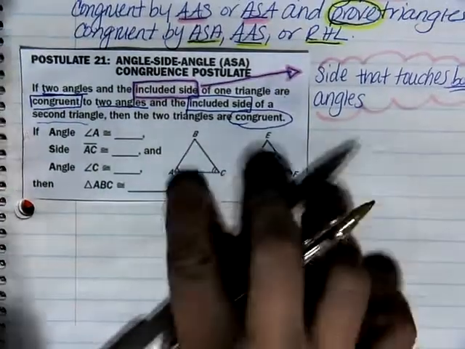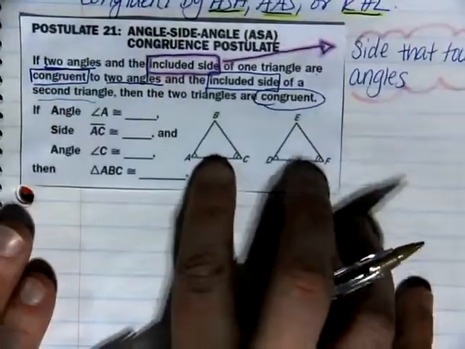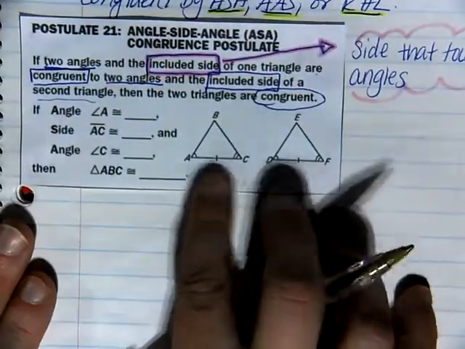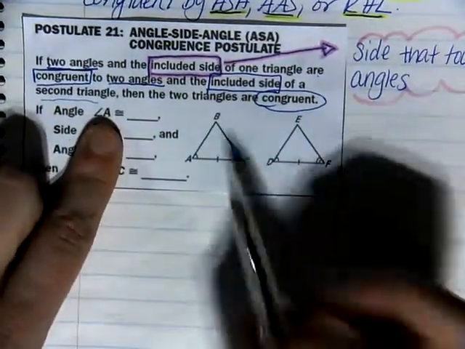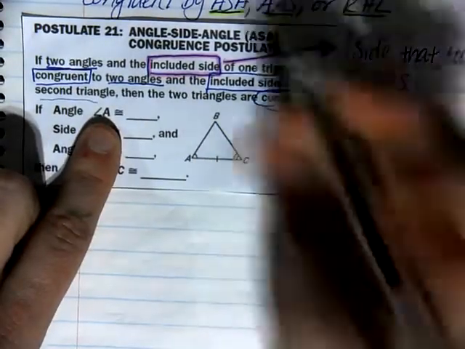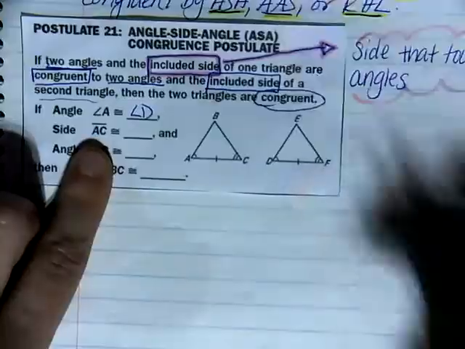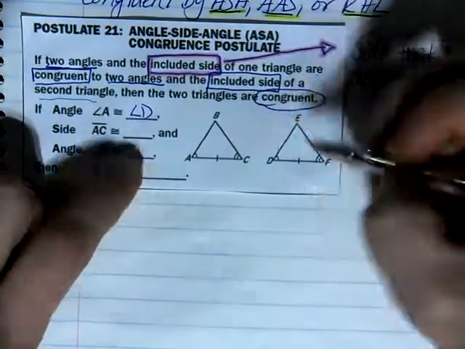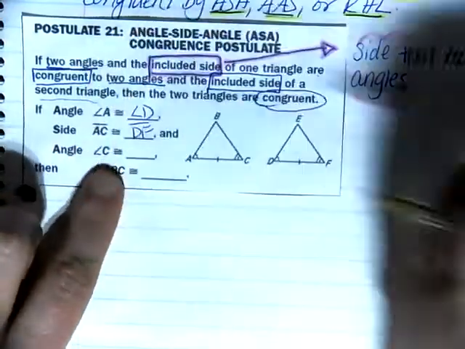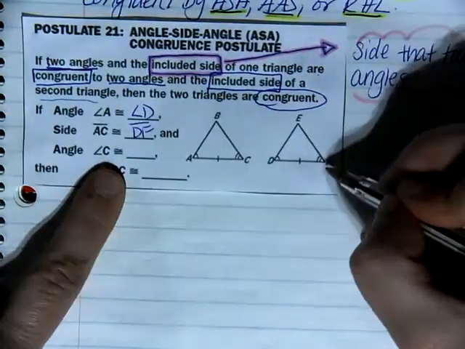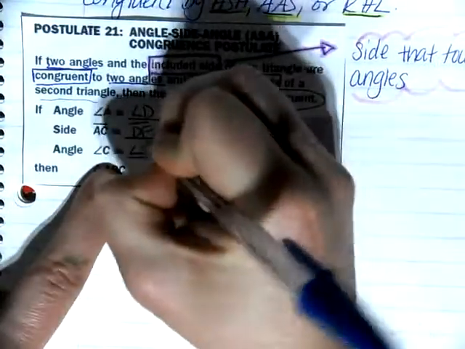So what you're going to see are pictures very similar to what we have down here. So if you notice that angle A is congruent to angle D, and segment AC is congruent to segment DF, and angle C is congruent to angle F.